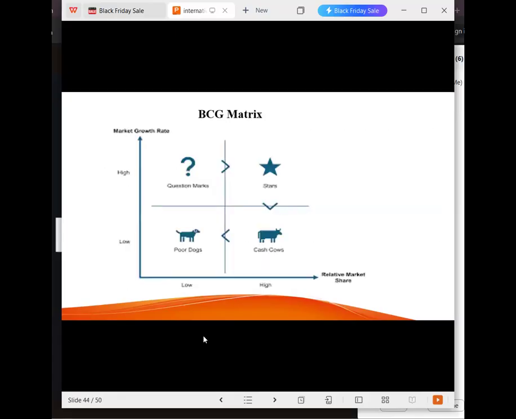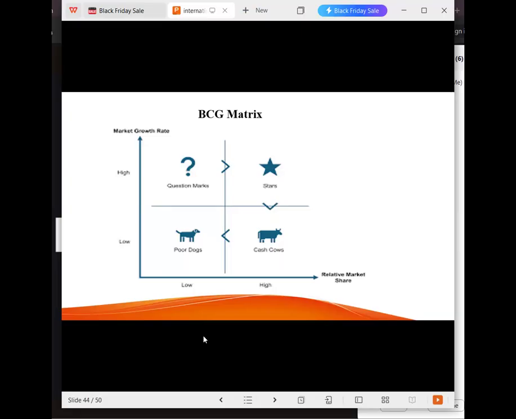If they keep investing, really pumping money and trying their best, they are hoping that the question mark will move to star, where they have a high growth rate and also high market share, so that investment cannot drop. The expectation is that the market share will increase if they keep pushing forward.